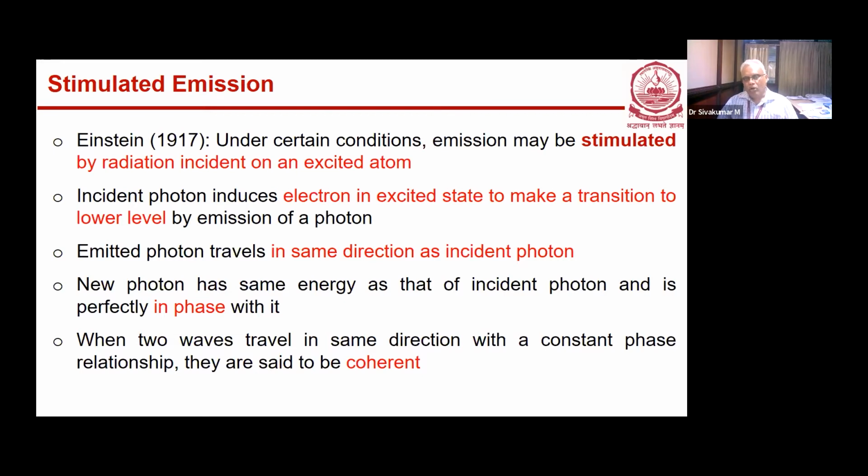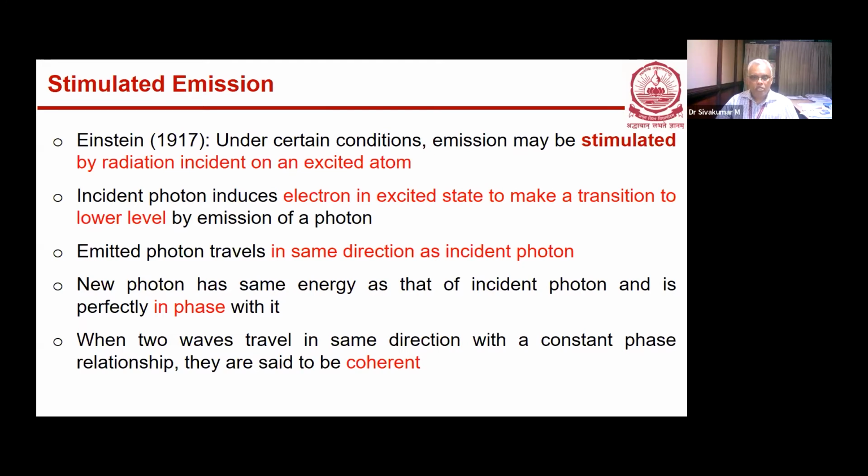This incident photon triggers or stimulates the electron in the excited level and makes the atom go to the ground level by emitting a photon of energy equal to the energy difference between those two levels. Obviously, the stimulating photon and the stimulated photon both have the same energy. This is the concept of stimulated emission.